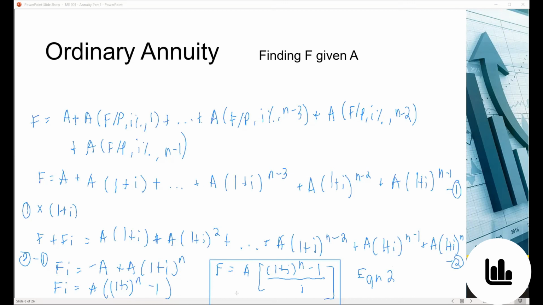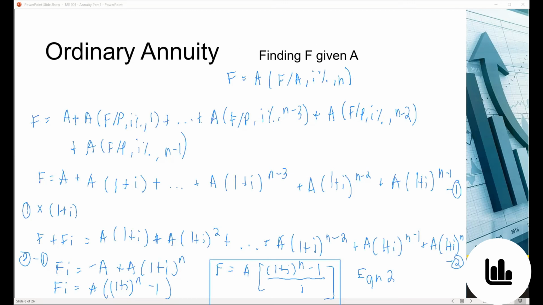So, ito, ang kalalabasin nito is F given A, diba? Looking for F given A at a certain interest rate, tapos at n periods. Okay?